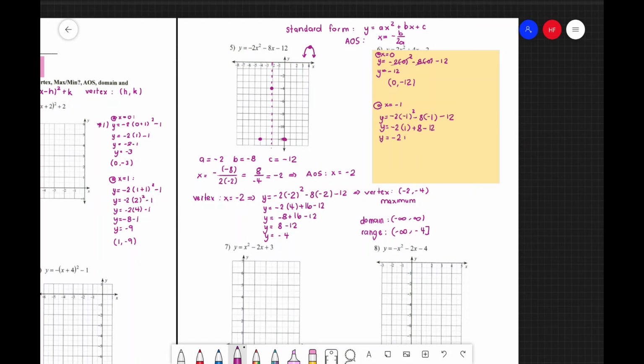Negative 2 plus 8 minus 12. 6 minus 12, negative 6. So we would be at the point negative 1, negative 6, and then reflect it. So we can connect those points.